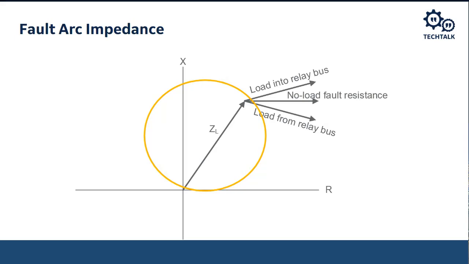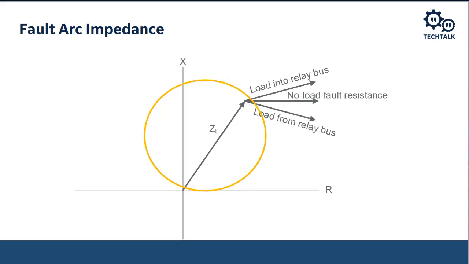Now, the problem with ground faults is that my fault impedance, because of the impedance of the load, or impedance of the arc, or the impedance of the fault, can move the apparent impedance outside of the operate circle of the distance characteristic.